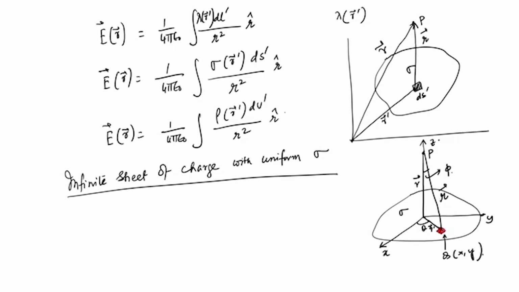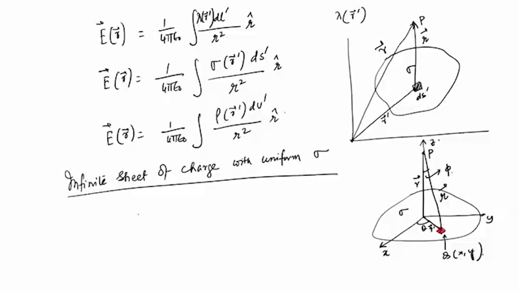So, this has cylindrical symmetry. The whole problem has cylindrical symmetry, because the screen that you are seeing on the board is the plane that has a uniform charge density, and you are talking about a point which is vertically on top of the surface.